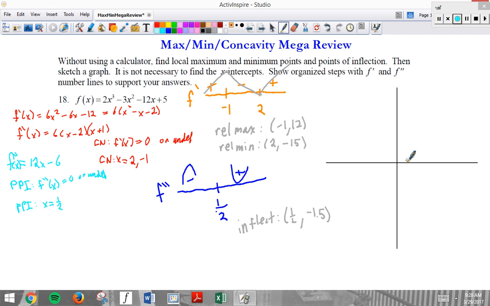So I'm going to go by 1/2 here, just because I want to make sure I see the point of inflection. Or I'll just do it this way. 1, 2, -1, -2. Okay. -1, 12. I'll just make a point.